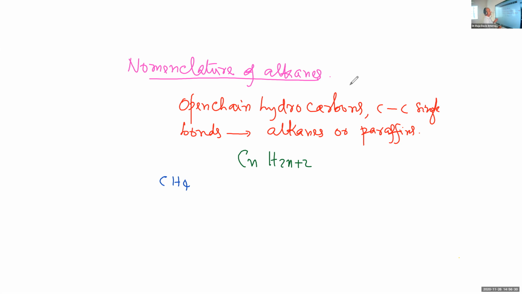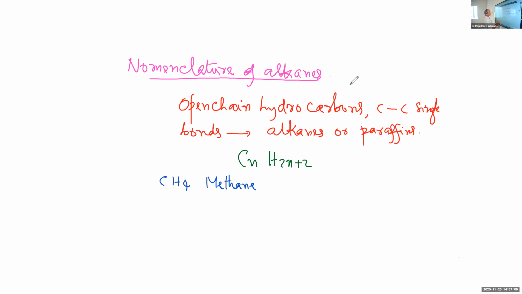We know the name of this compound, it is methane. Methane is a compound present in natural gas, the marsh gas, and the Weber gas. All these contain mainly the hydrocarbon methane.